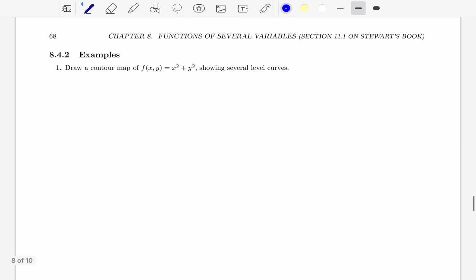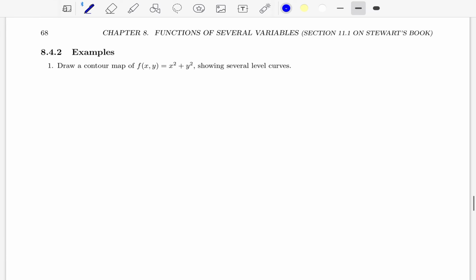So let's start with draw a contour map of f of x, y equal to x squared plus y squared. Okay, so one more time, step one, these are the curves that you get when you let z be a constant, meaning what height do I get every time this is a constant? So this is k, equal to x squared plus y squared.